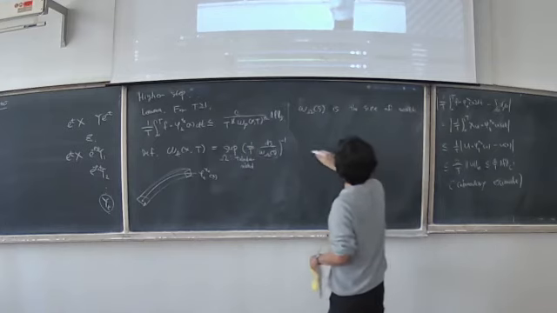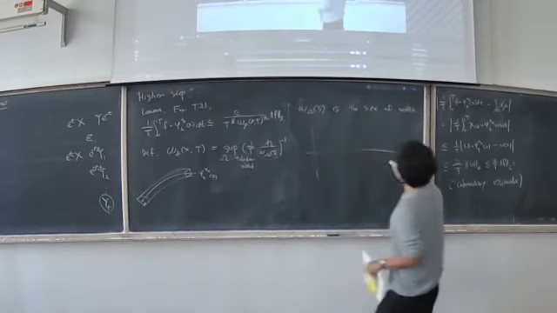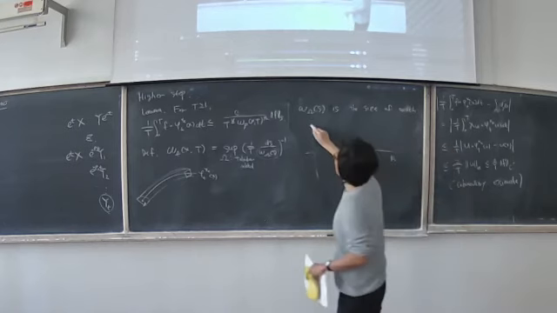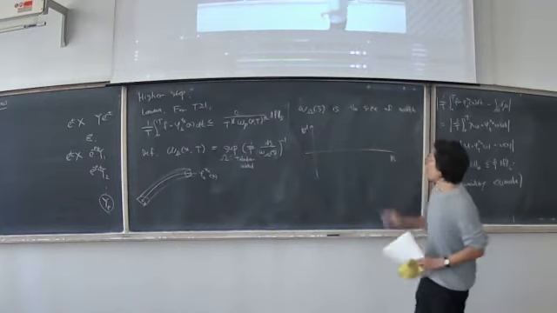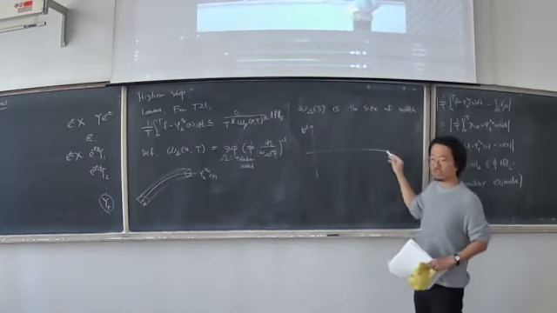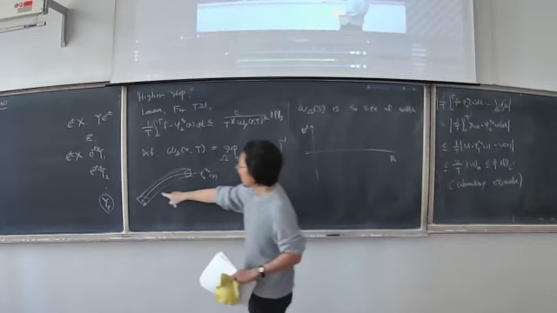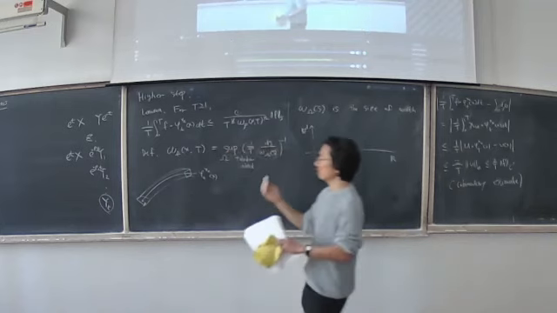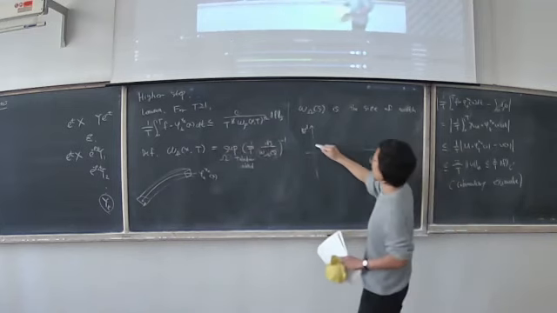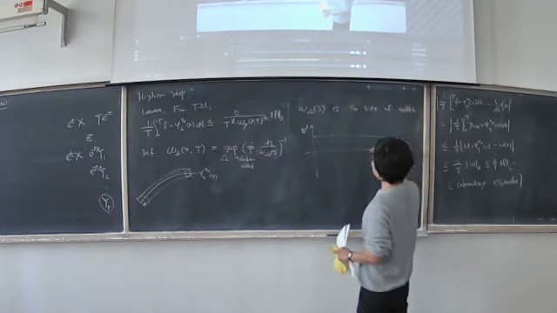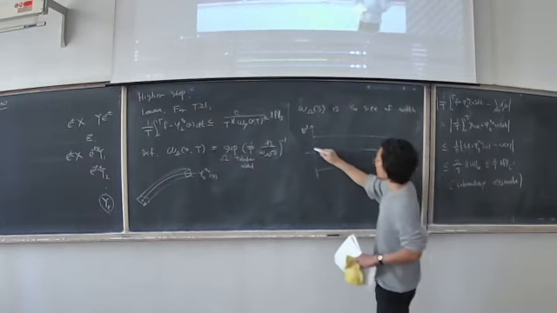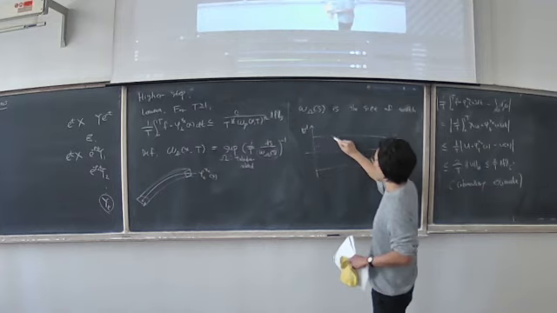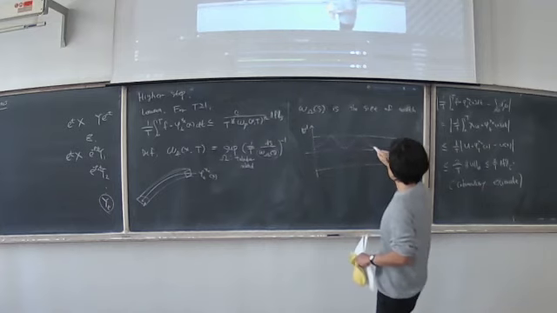So basically, we will consider this direction along the flow direction, and then we will identify the tubular neighborhood of the orbit in the following way. This one is just a standard tubular neighborhood, but we have to consider some such type of neighborhood.